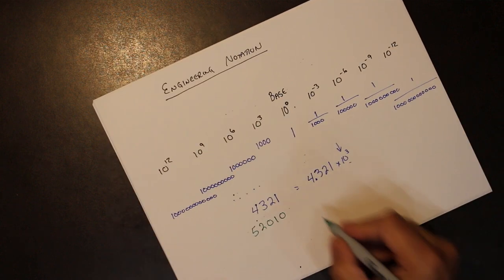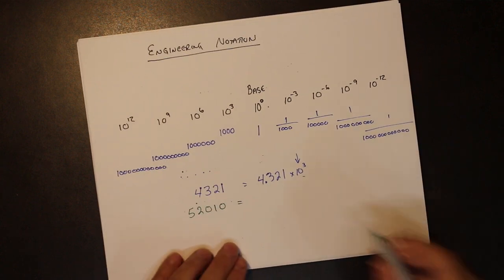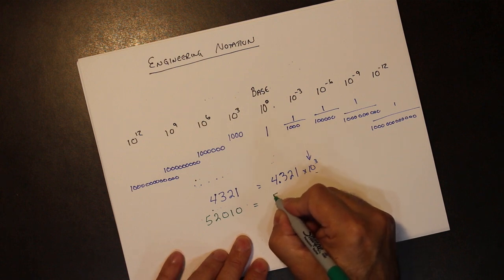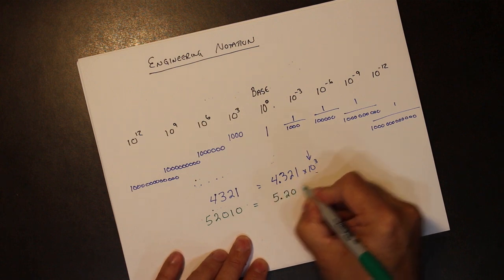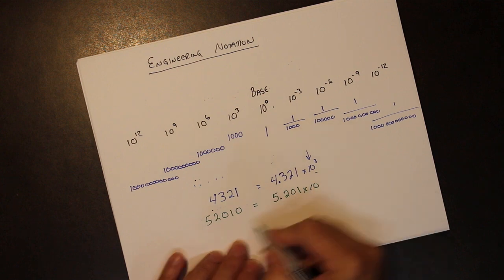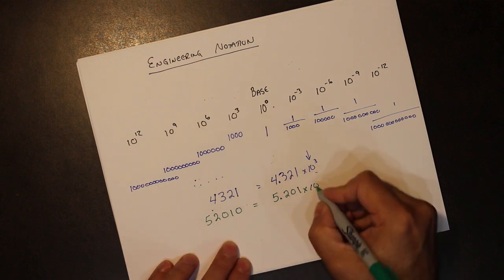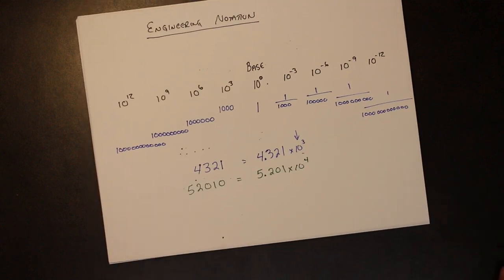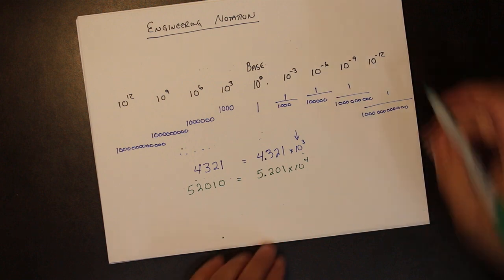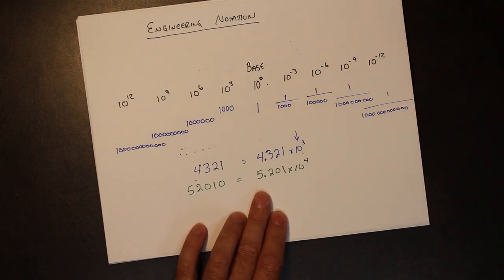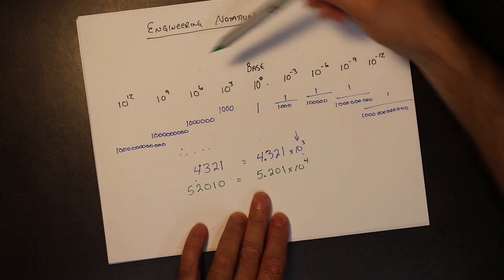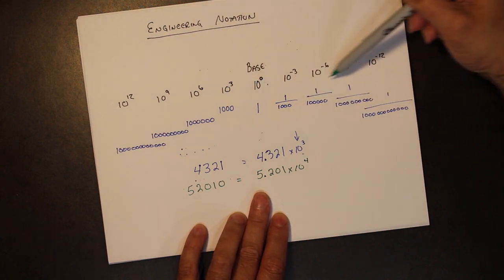But what if we have this one? 52010. In scientific notation, that works out to be 5.201 times 10 to the 4. But in engineering notation, there is no 10 to the 4th.